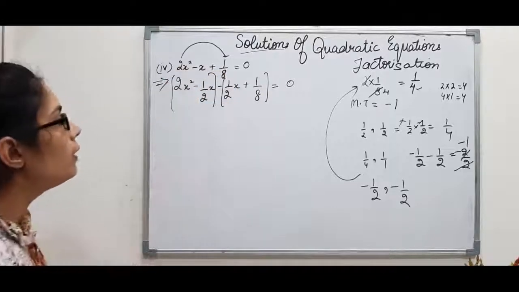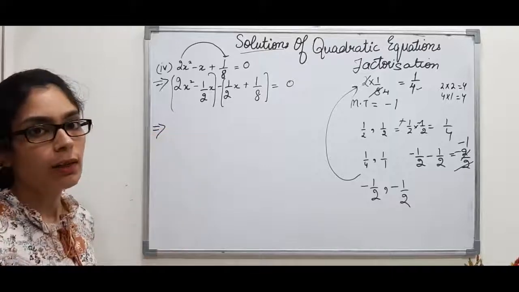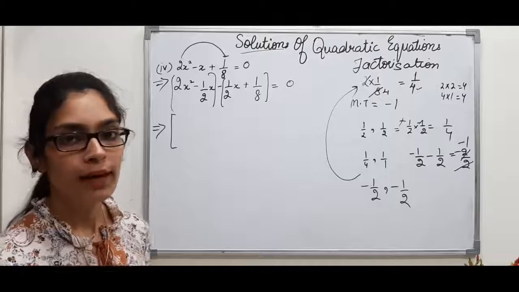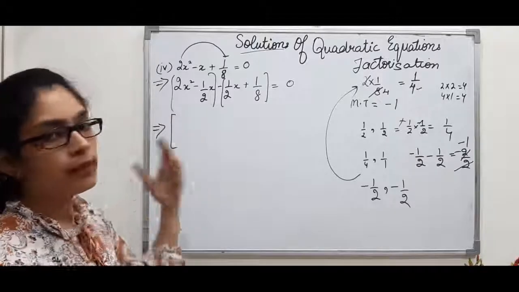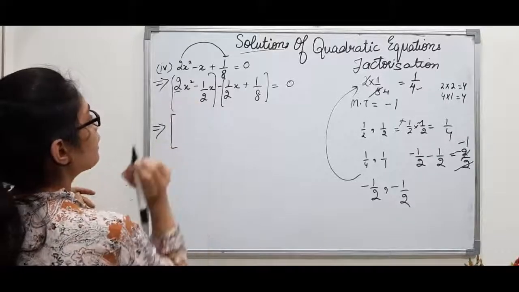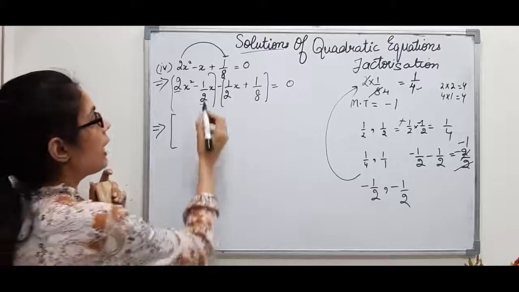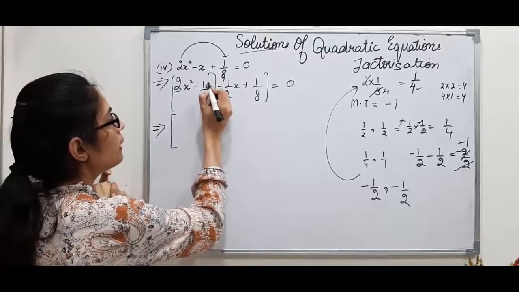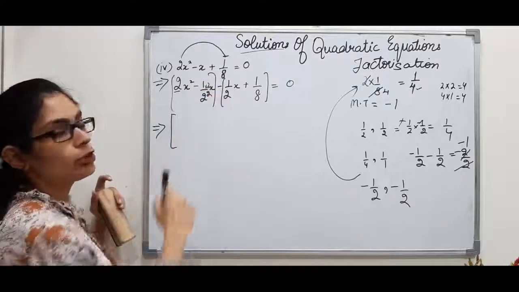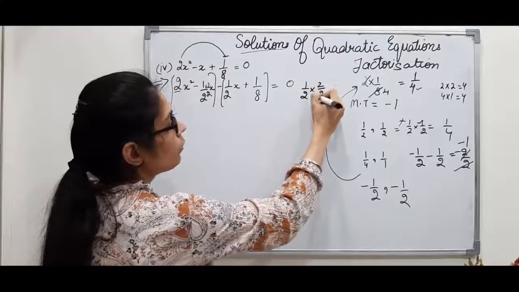Here is one step you need to understand. Since this is a fractional number, we will do one additional step, and if you do more practice, you will understand where to take such steps. Now I can see here 2 is there. So just to make things common, I will multiply and divide this number 1 by 2 by 2.